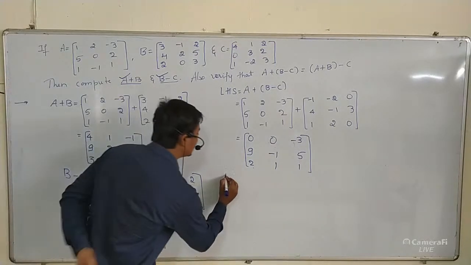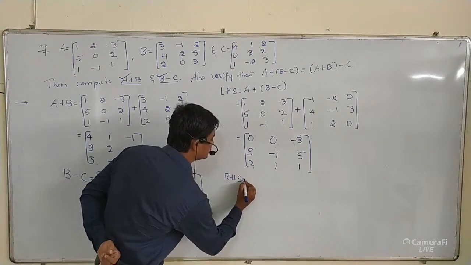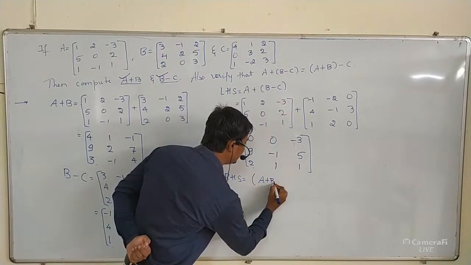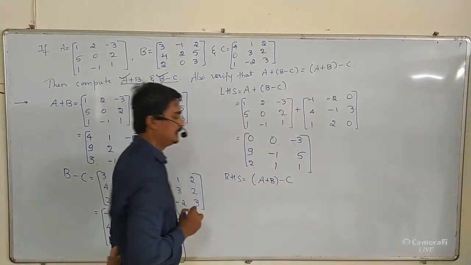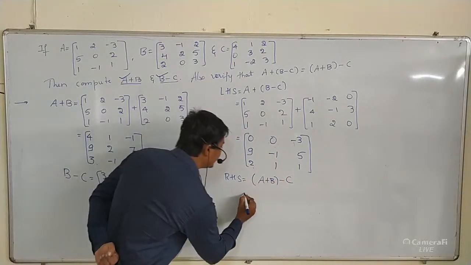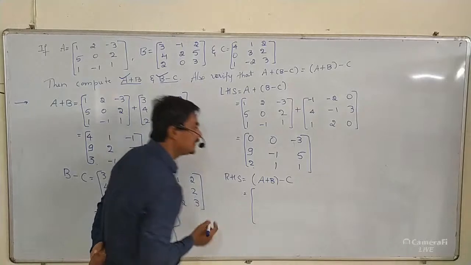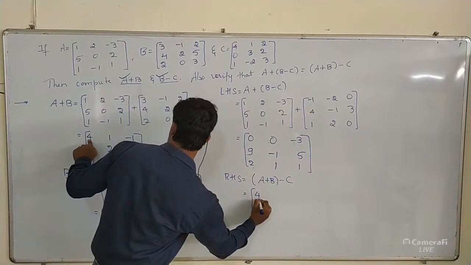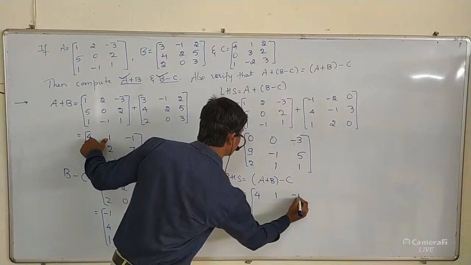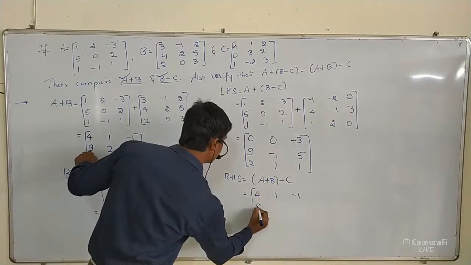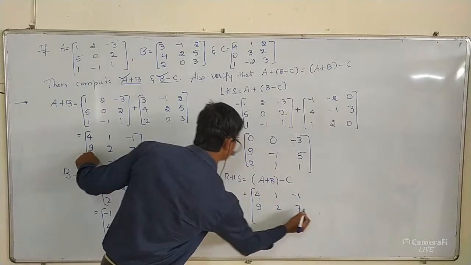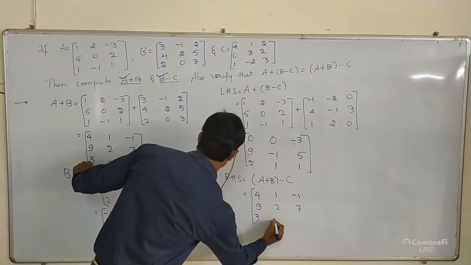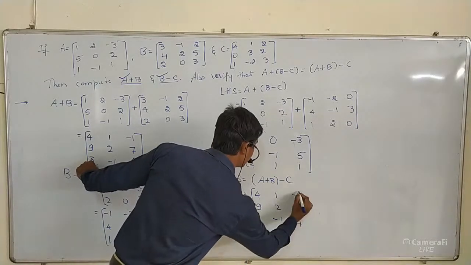So now I will take the RHS. RHS is (A plus B) minus C. Already we have found out the A plus B matrix, I will use it. So what is our A plus B matrix? It is 4, 1, minus 1, 9, 2, 7, 3, minus 1, 4.